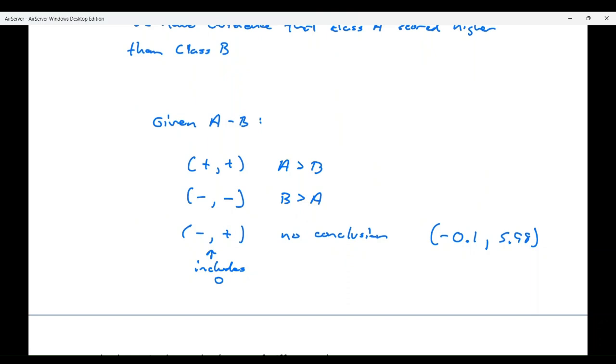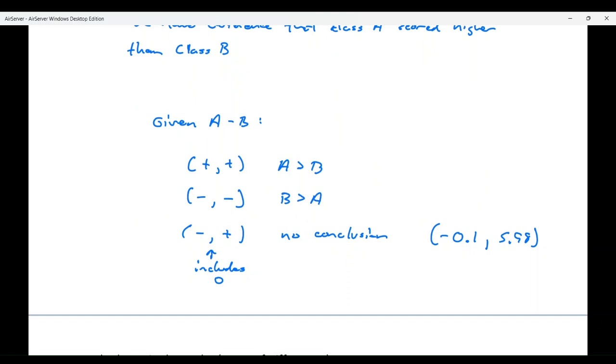And so to try to say, well, the area or probability of getting a positive is greater than the area of getting a negative, well, not so much. It's not that easy. So no matter how much the values maybe teeter into one side or the other, if you have a negative and a positive, it is always no conclusion.